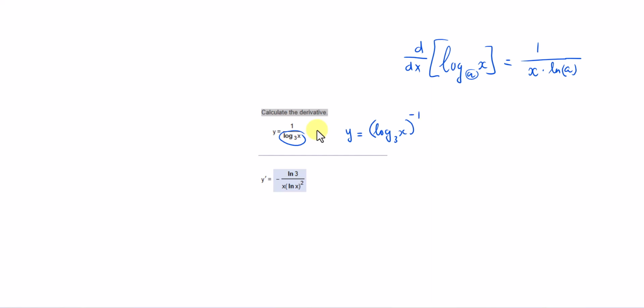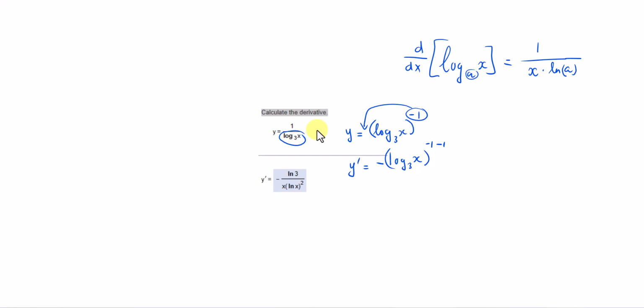Now we can apply the power rule to find y prime. We take the power, bring it down, -1, in front of that log, and subtract 1 from that. So -1 minus 1 will be -2.